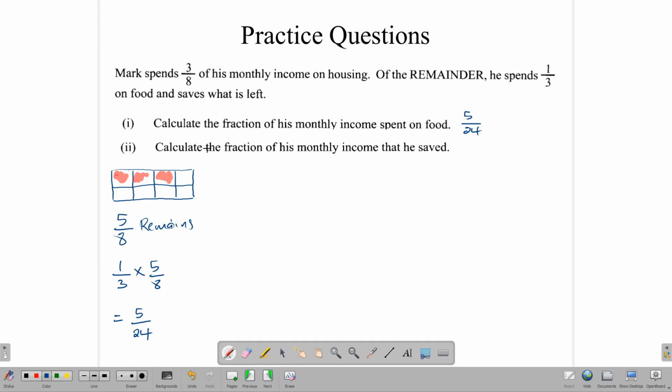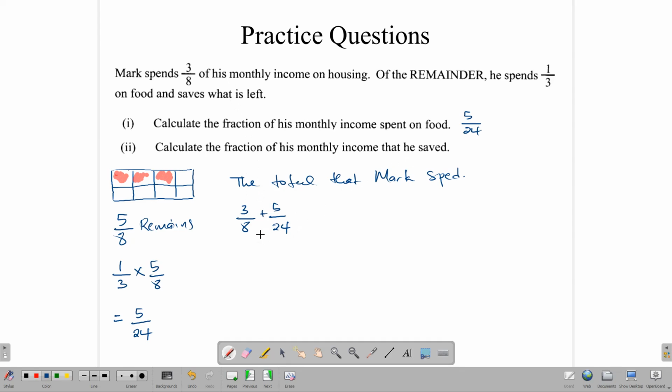Now, the next part of the question says, calculate the fraction of his monthly income that he saved. Before we answer that, we need to find out the total that Mark spent. So how much money did he spend in total? Well, he spent 3/8 on his housing, and he spent 5/24 on food.